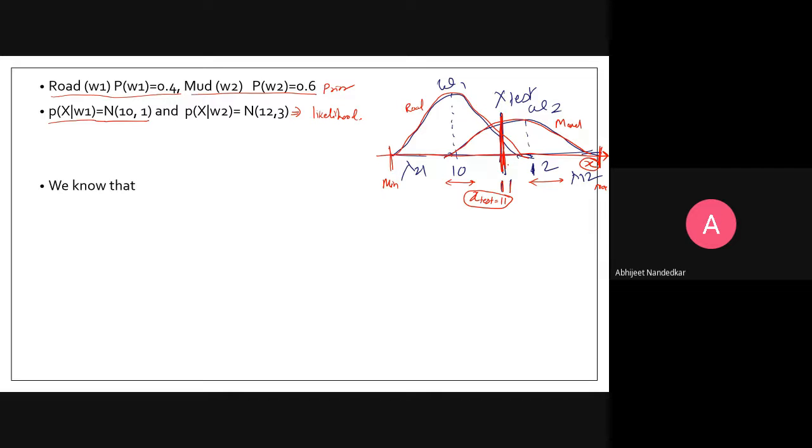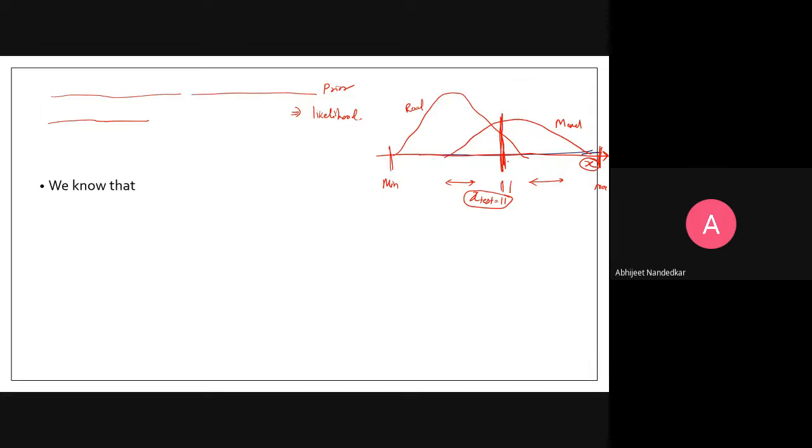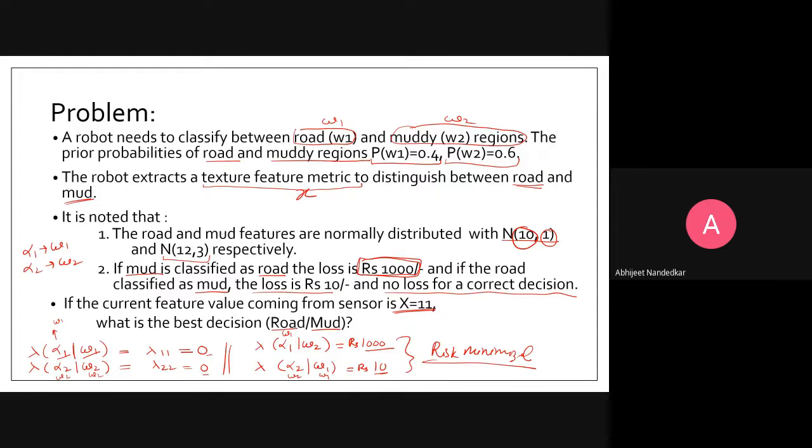And you know that there is a penalty of 1000 rupees in our problem if mud is classified as road, since the robot gets damaged when it travels through mud. I can bear a wrong decision for a road.